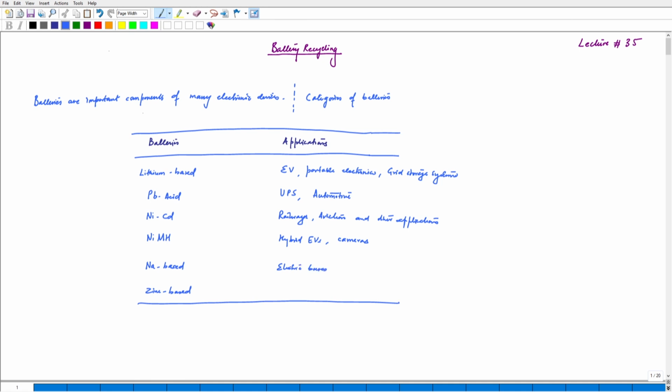So again, EVs, electric buses, or hybrid EVs, they all are using different types of batteries now. And again, this is grid system, grid storage. Zinc batteries, commonly used in zinc alkaline batteries, may be used in toys, or let's say low power application.